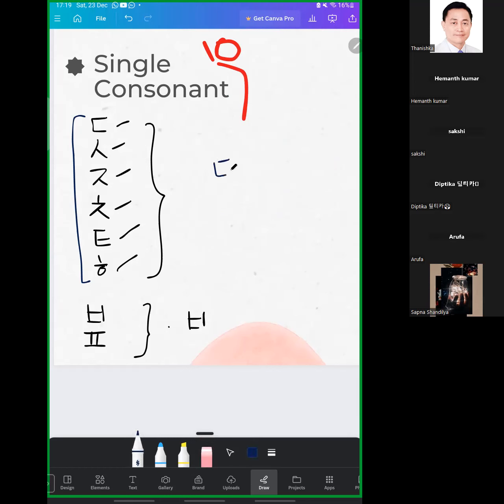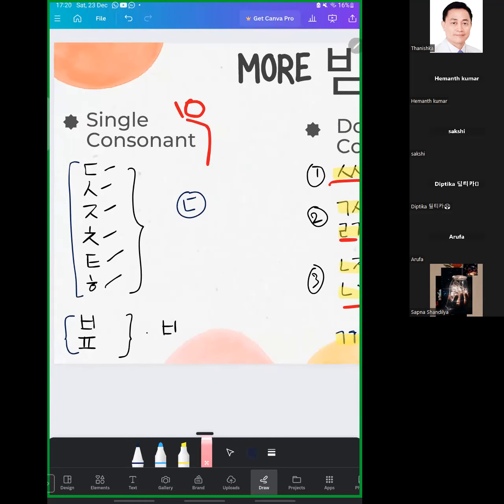And this second set here, when they come as a final consonant, they make the b sound. So this will also be up. This will also be up. Okay? So these are the single consonants we learned.